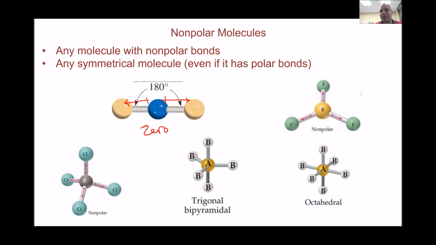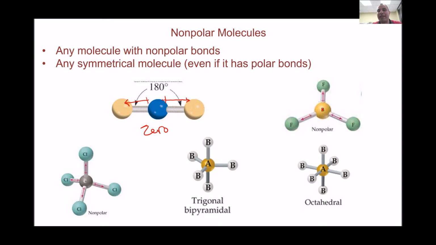Same case will happen if you have any symmetrical molecule. Any of the symmetrical shapes: linear, trigonal planar, tetrahedral, trigonal bipyramidal, and octahedral. So for a trigonal planar, for example, the bonds will be polar. However, they will be symmetrically oriented along the central atom.